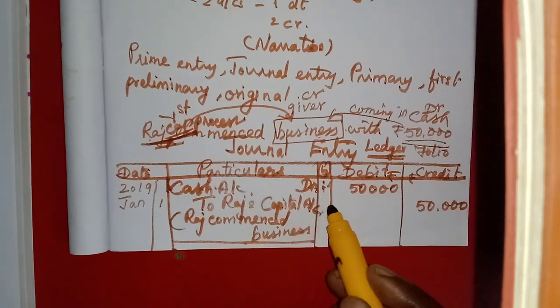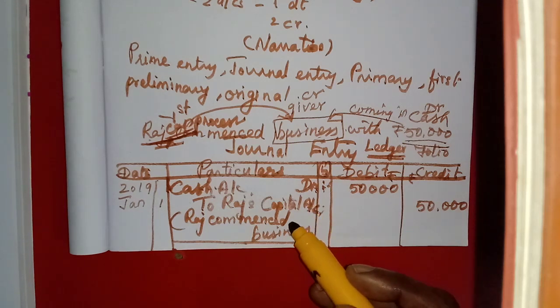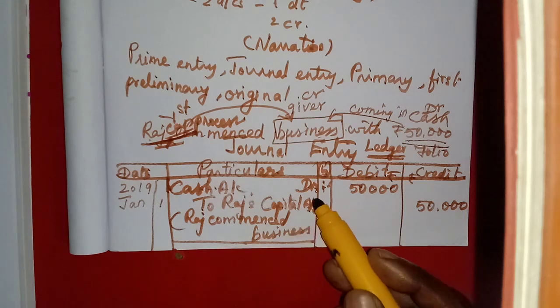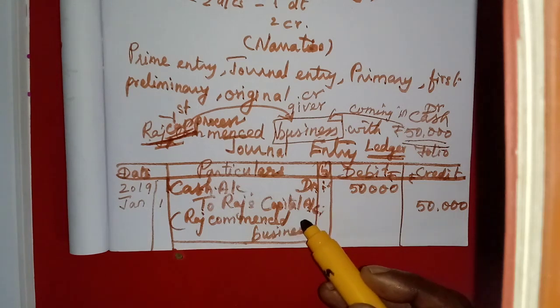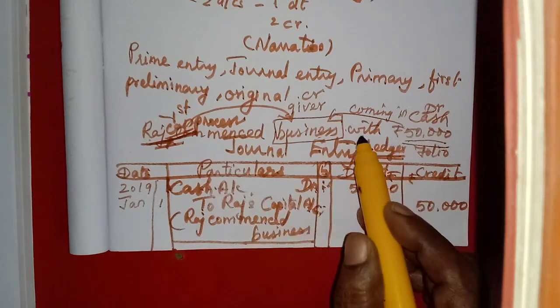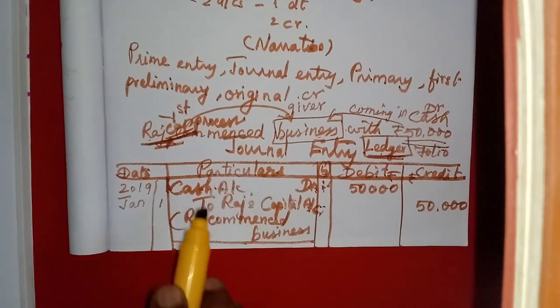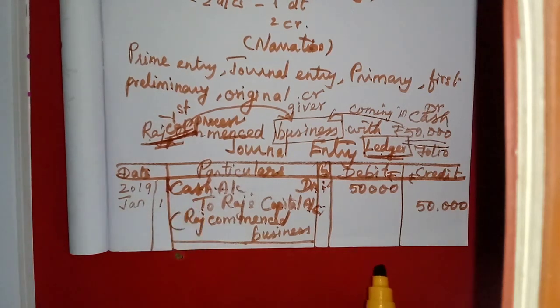If it is not posted, then it will be blank. We can find out at the time of rectifying or locating any error, whether we have posted all the accounts in the journal entries. So the page number will be written only at the time of posting in the ledger account. These journal entries will be posted in the ledger account. That is the next lesson we will learn.